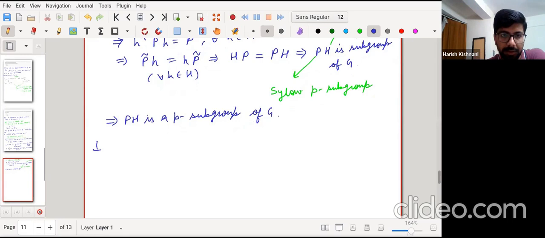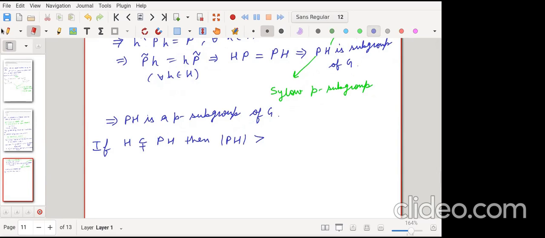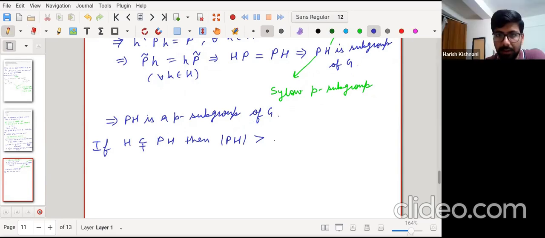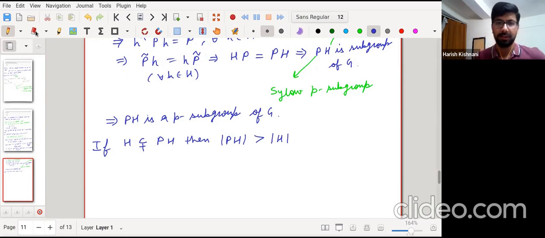Now, if H is not contained inside P, then what will happen? The order of this PH would be strictly greater than that of P, right?